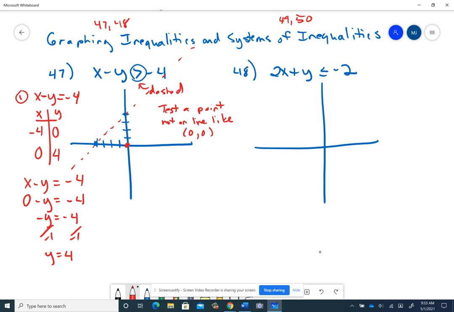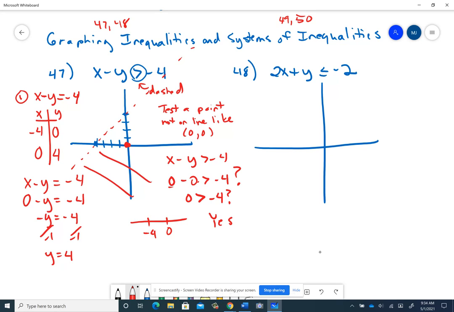Put it in the inequality. Put in a 0 for x and a 0 for y, because that's the point I chose to test. And I would get 0 greater than -4 is what I'm wondering. And 0 is greater than -4. The answer is yes, which means this worked, which means you got to shade that side.